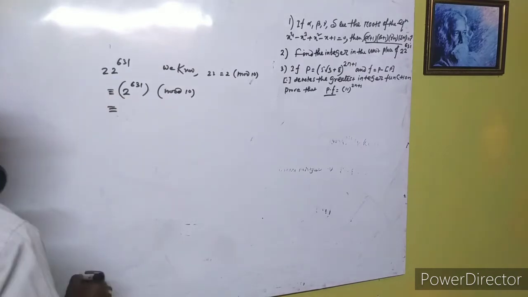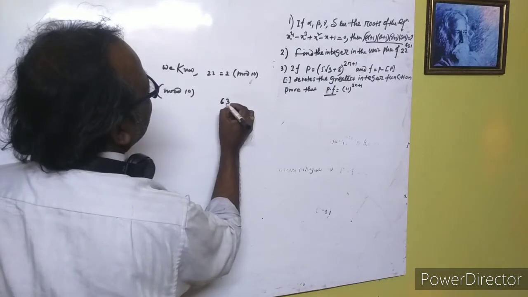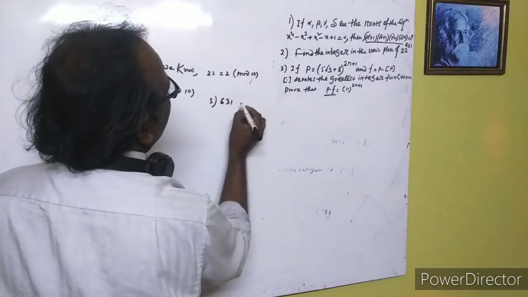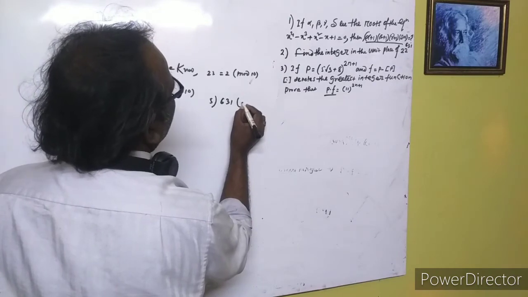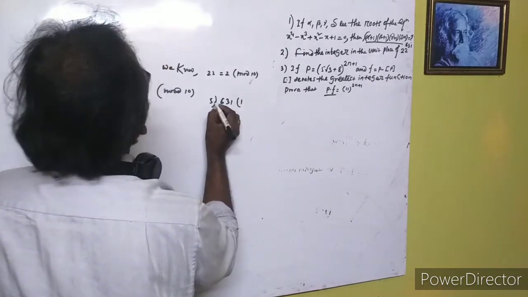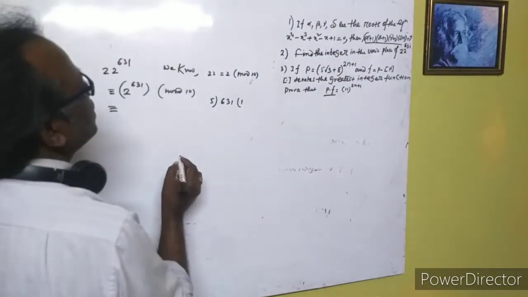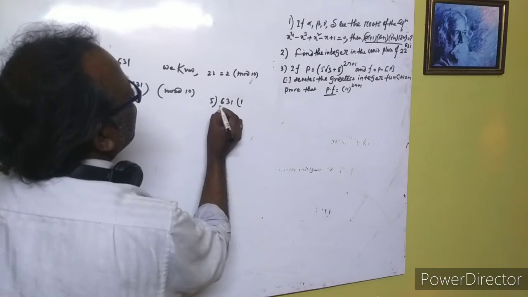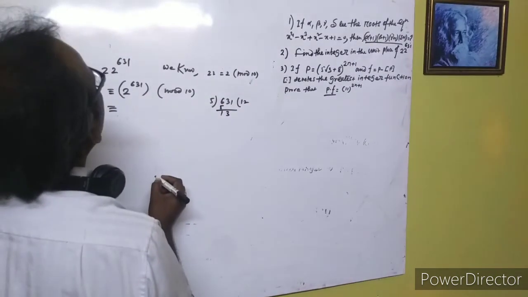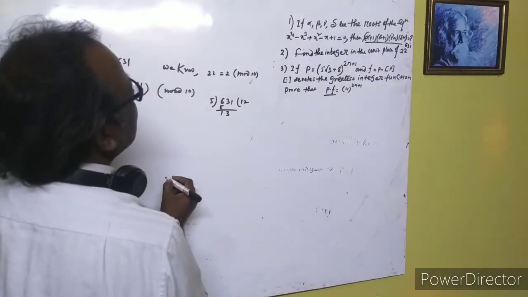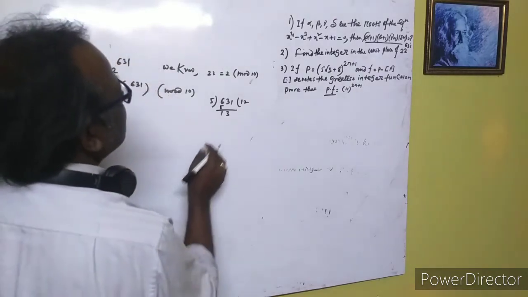And 631 can be arranged and divided by 5.